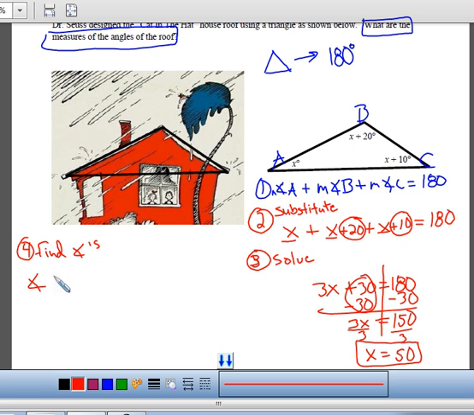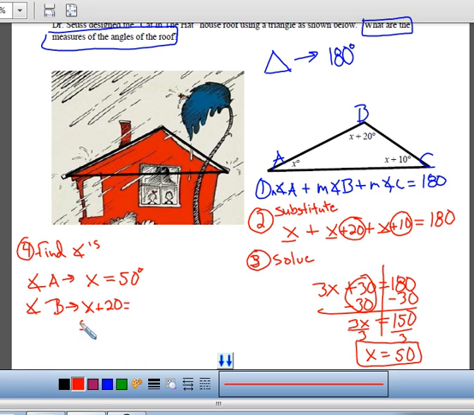So remember, angle A was represented by x, and x we know equals 50 degrees. So we're good there. Angle B is represented by x plus 20. So what that means is 50 plus 20, and since I know what that is, I don't need to show that.